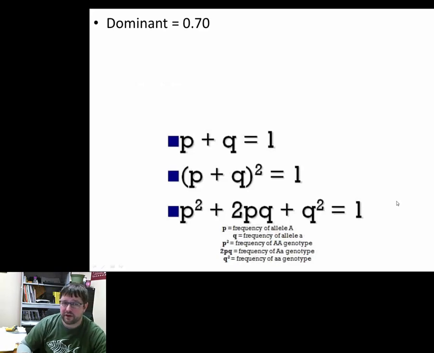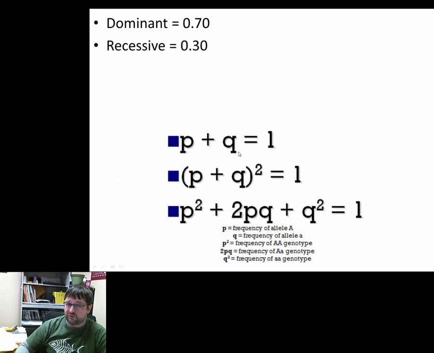So let's say dominant is 0.7. That's the frequency: 70% of the population is dominant. So you could just stick that into p and solve for q. Then you would know that the recessive is 30%.